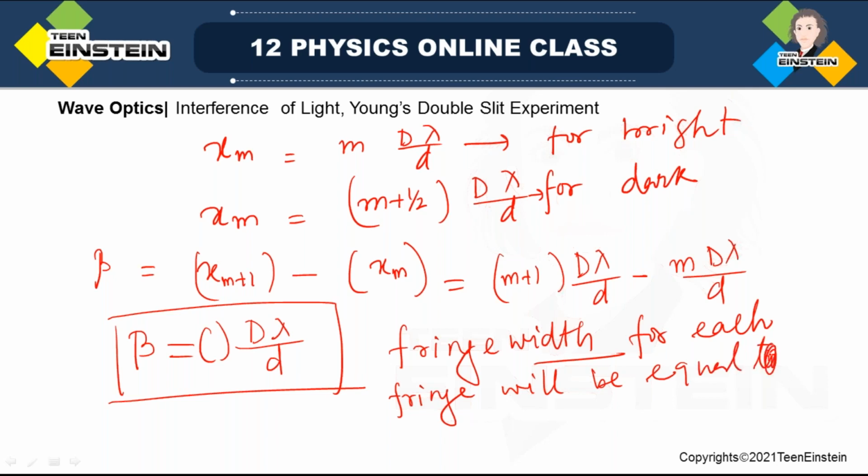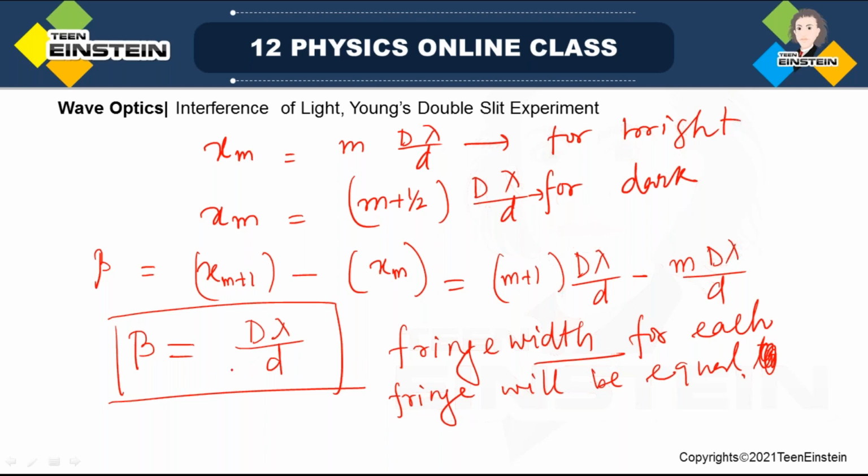Okay, fringe will be equal for all of them because there is no N term here. This expression is the expression for finding out lateral fringe width for an interference pattern for a double slit experiment.